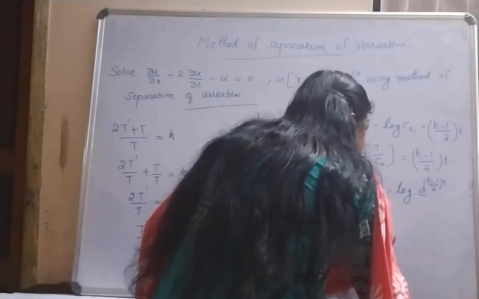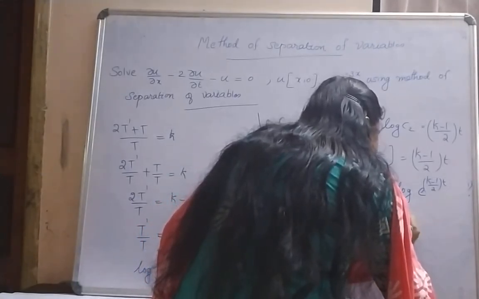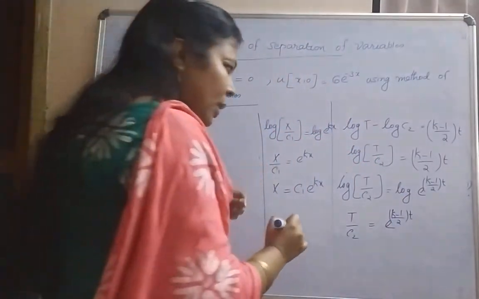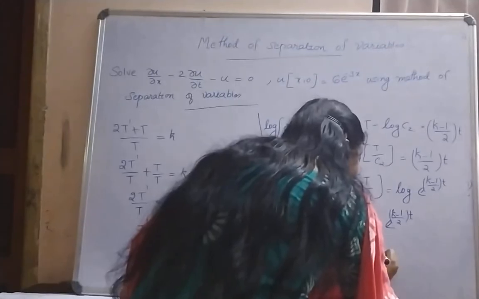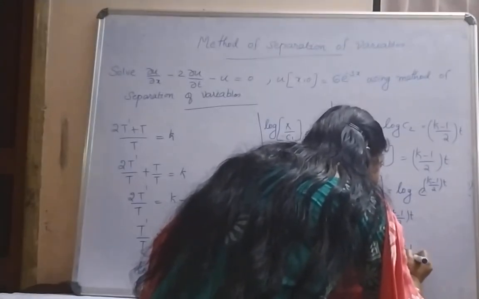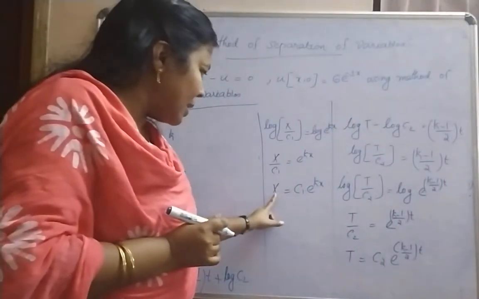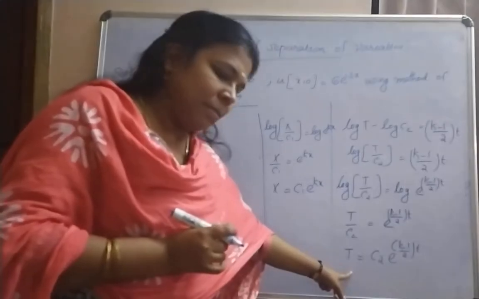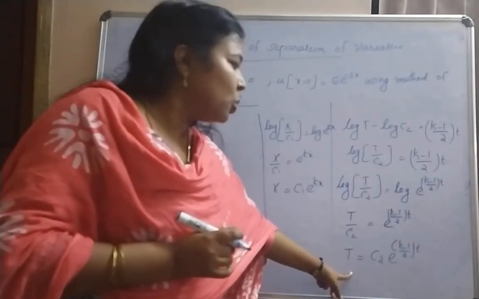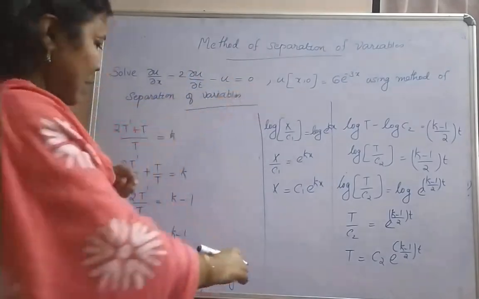We get T/C2 equal to e raised to (k minus 1)/2 into t. Therefore, capital T equal to C2 e raised to (k minus 1)/2 into t. Here we get the values of X and T. What about u? u equal to XT, which is the solution of the given equation.